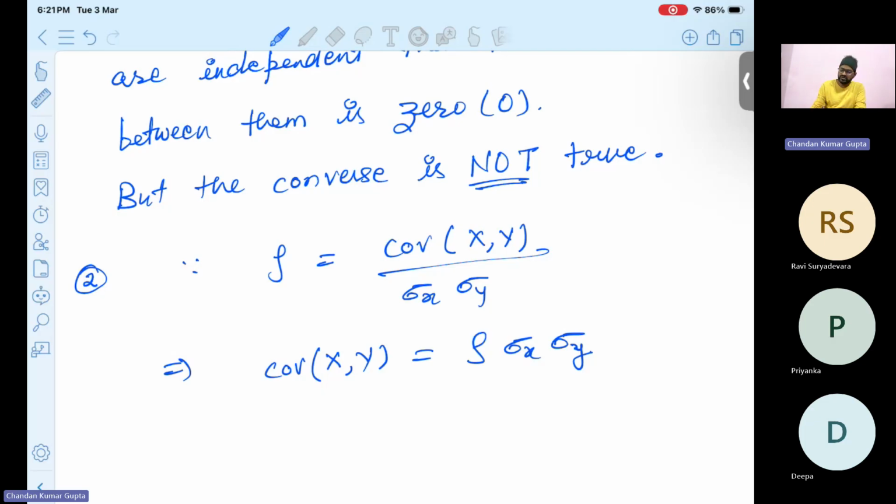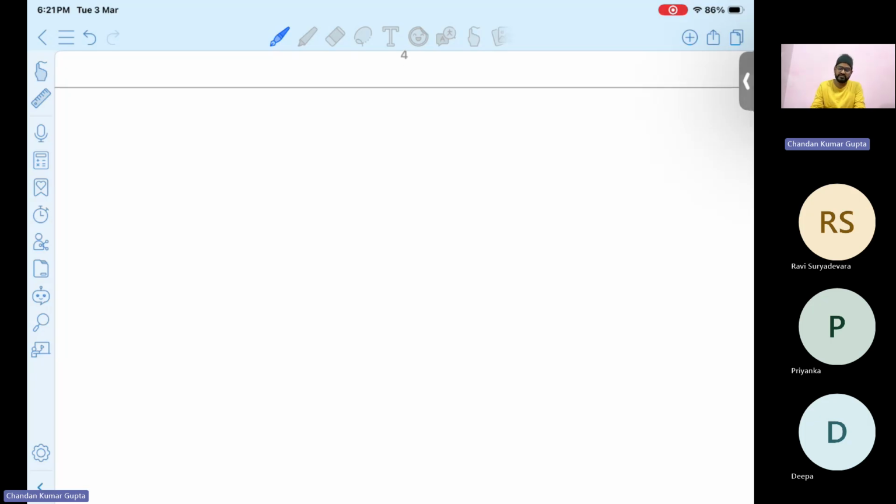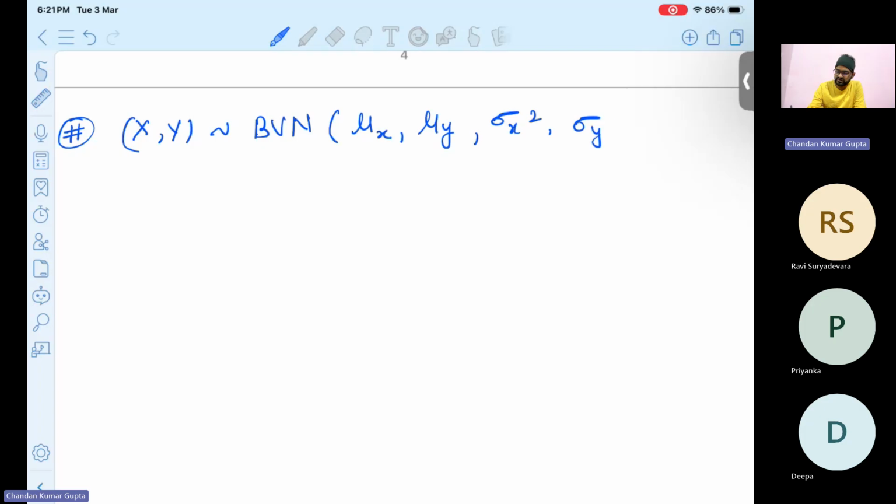Now let's come to the moment generating function for the bivariate normal distribution. Again, x, y follows bivariate normal with mean mu x, mu y, sigma x square, sigma y square, and rho.